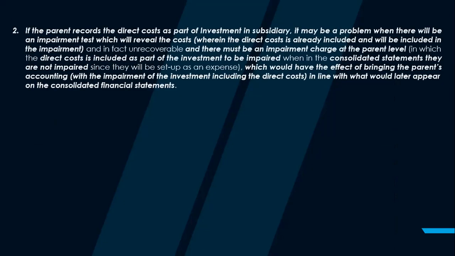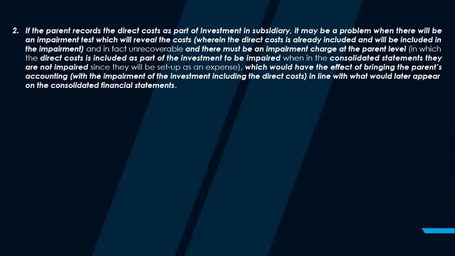If the parent records the direct cost as part of the investment in subsidiary, it may be a problem when there will be an impairment test which will reveal the cost, wherein the direct cost is already included and will be included in the impairment.